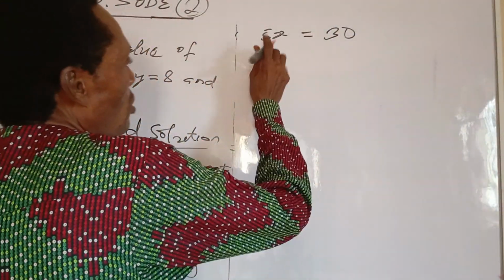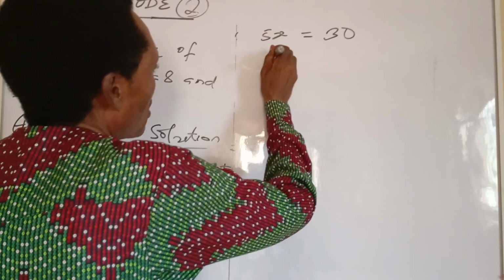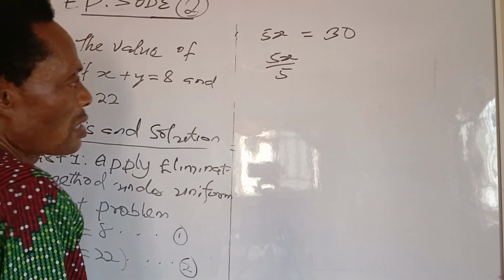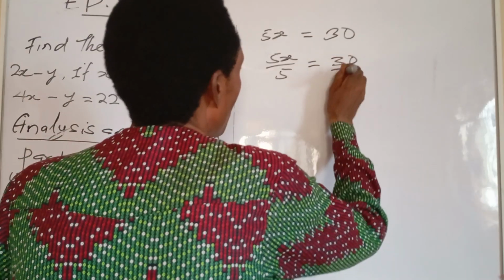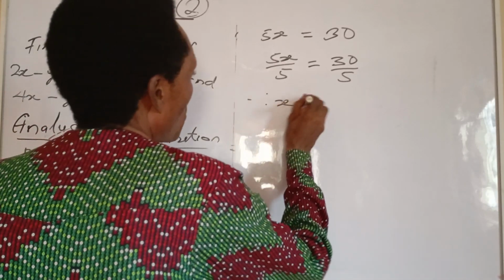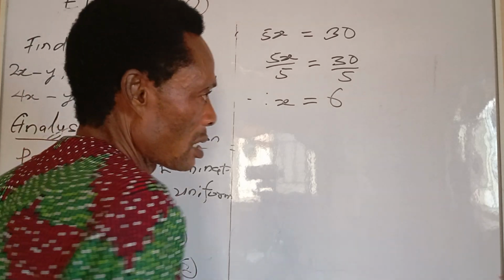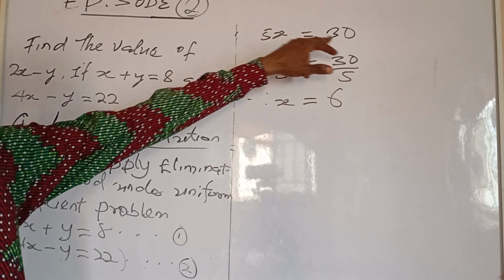At this point, you divide both sides by 5. So x equals 6. Here you discover that 5x equals 30.